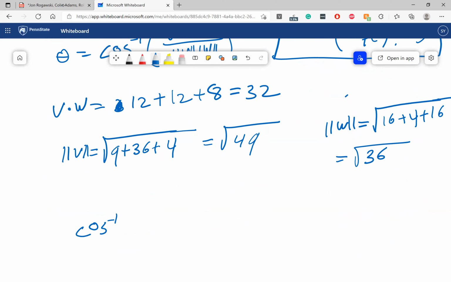So cosine inverse of V dotted with V over the magnitude of V times the magnitude of V, which is the magnitude of V squared. We know that these are the same, so you're going to get cosine inverse of 1, which is 0. Any other questions?